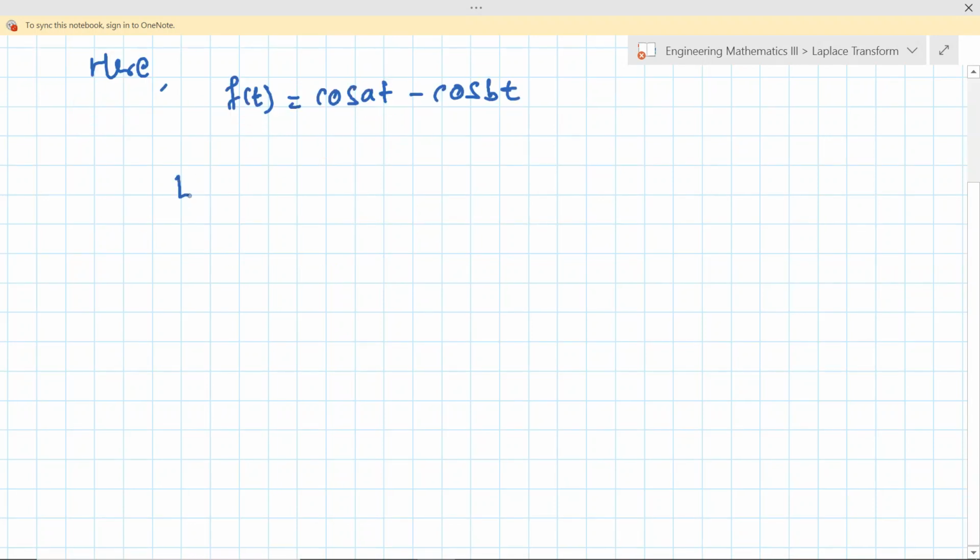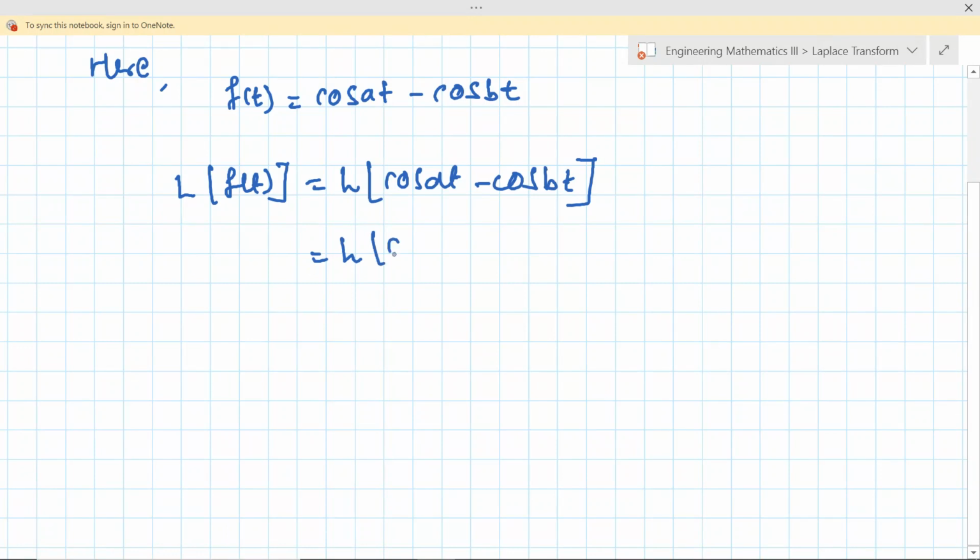And now what is the Laplace of this f of t? This is equal to Laplace of cos of at minus cos of bt. Separate the Laplace. This is nothing but Laplace of cos at minus Laplace of cos bt. What is the Laplace of cos at?